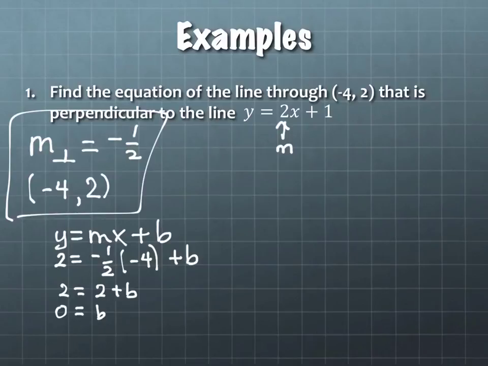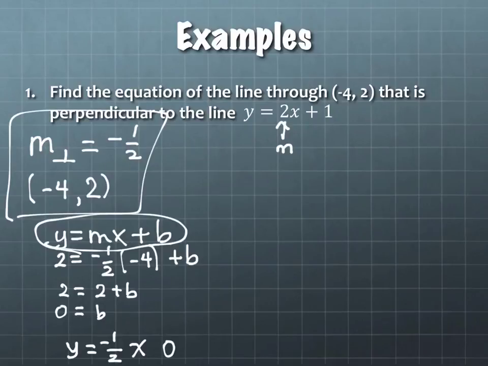Now, we're not done because there's no equation written down yet. But we know now the b value. So we are given this equation for a line. I know the slope. The slope is -1/2. The b value is 0, or you could just not write it. But y and x are not the 2 and the -4 that they were originally when I did the problem.